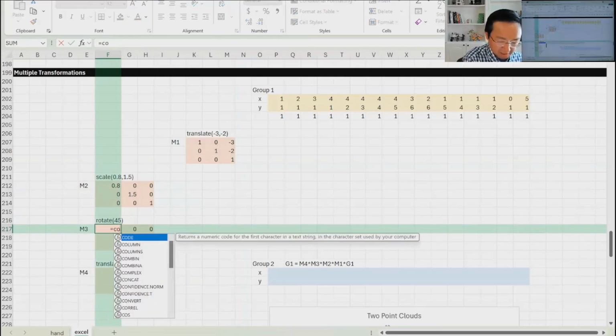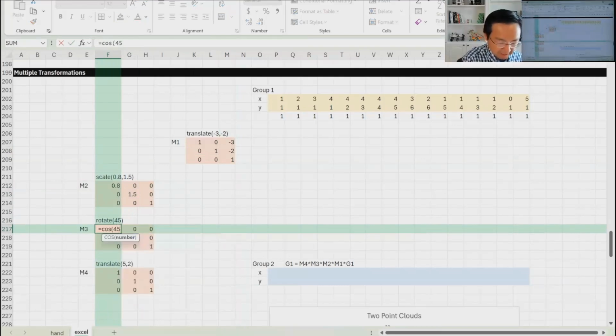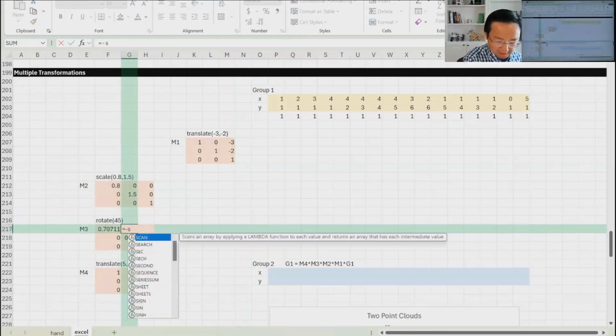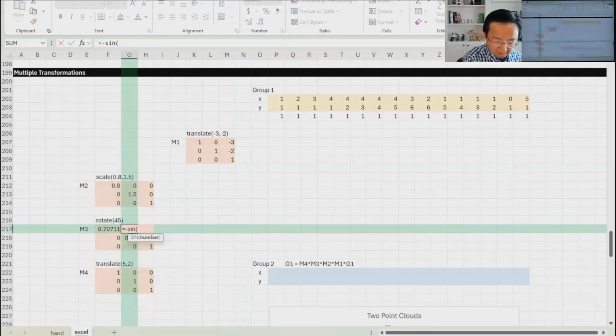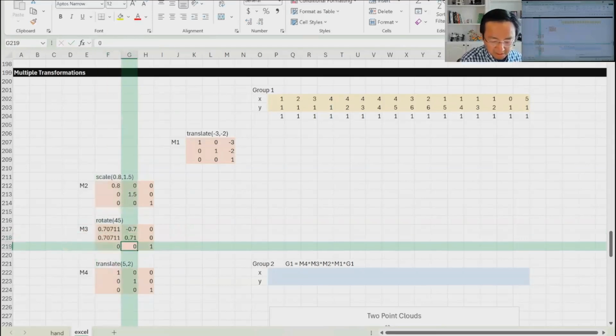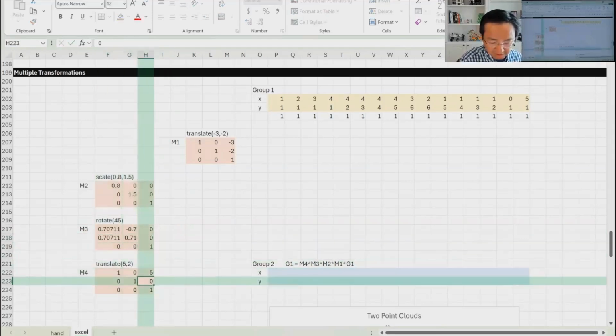Equals cosine 45 times pi over 180. Okay, this is the same, and this is going to be minus sine 45 times pi over 180, okay? And this is going to be sine 45 times pi over 180, okay? So with this, and then translate by 2, that's easy.